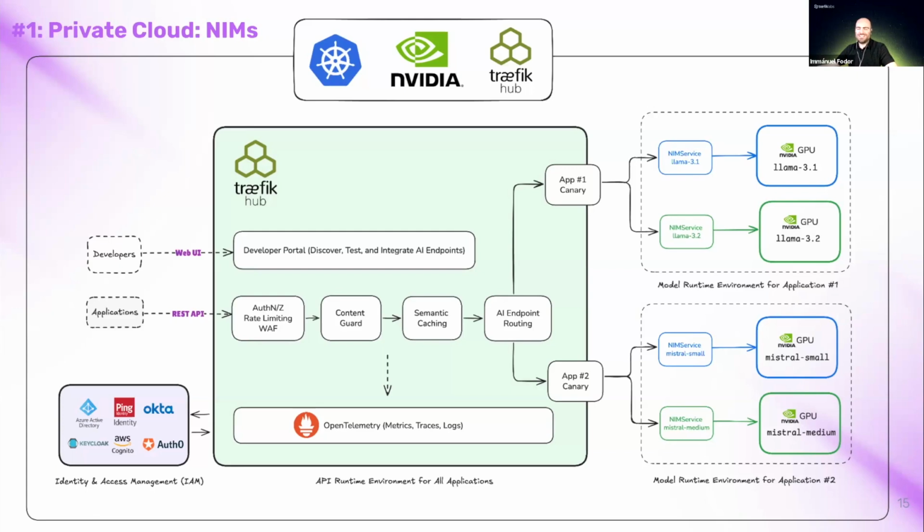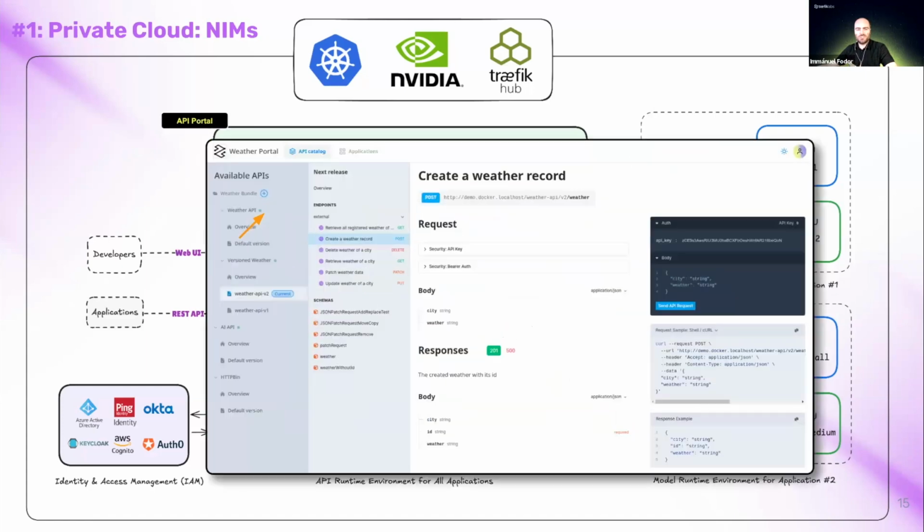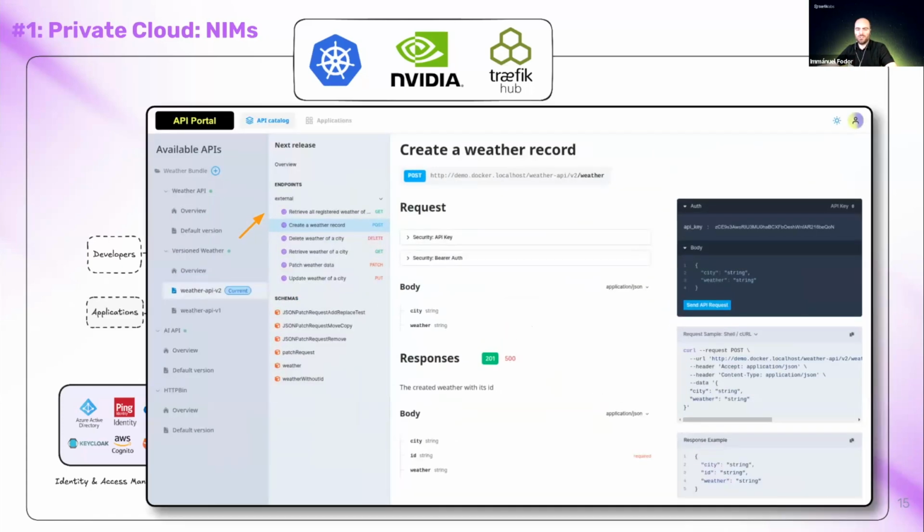Okay, so first, let's see what the developers will experience. The developers will see an API portal. This is where you publish your AI endpoints that you basically manage as APIs. And also, this is where you can publish all other APIs that you have, like billing services, CRM services, whatever you have.